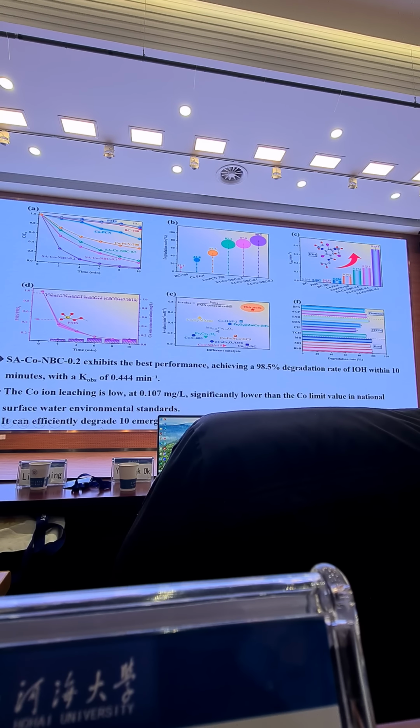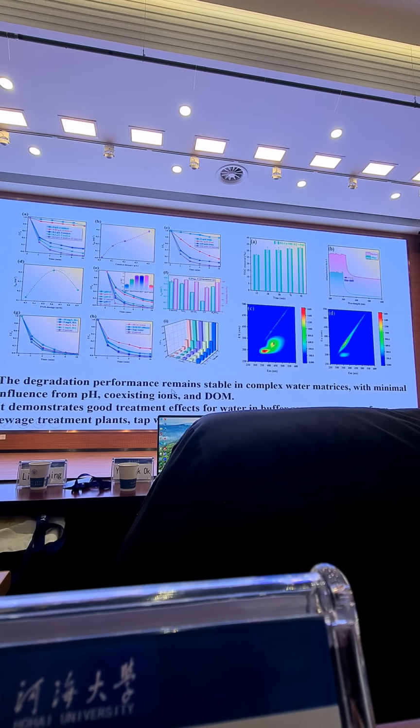It can efficiently degrade 10 emergent pollutants with the degradation rate all above 75%. This catalyst still remains stable in the complex water matrix with minimum influence from the pH, coexisting ions, and DOM.